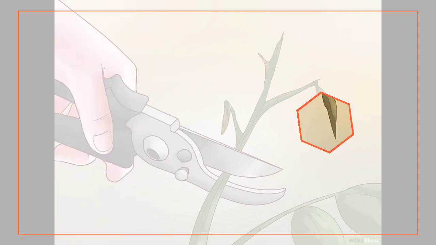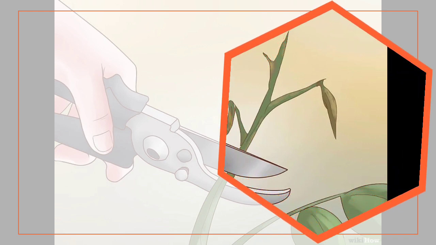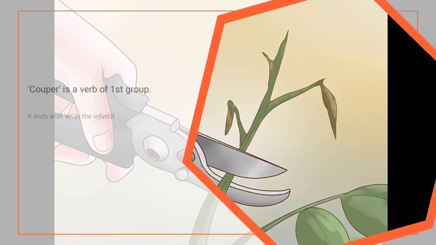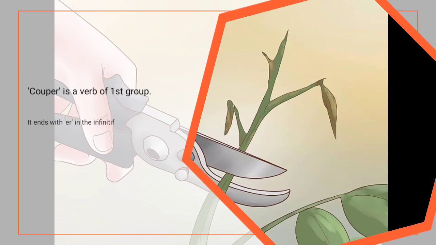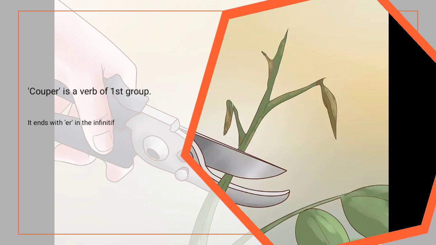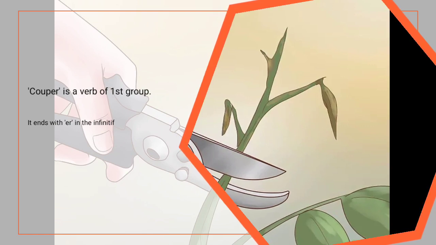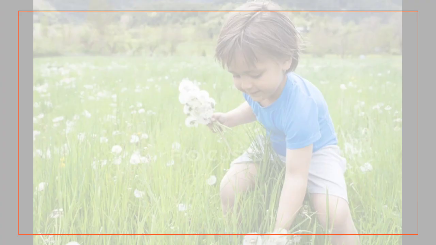We can say here that verbs that finish with er in infinitive are verbs of the first group, and they always end with e with the first person je in the present, so they belong to the first category. Now let's see those two examples.